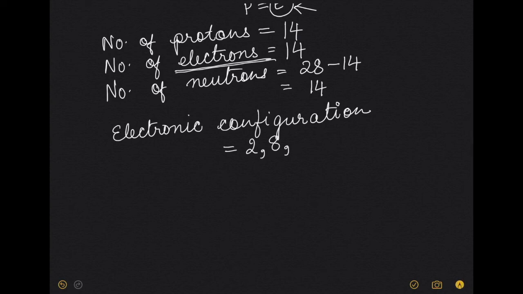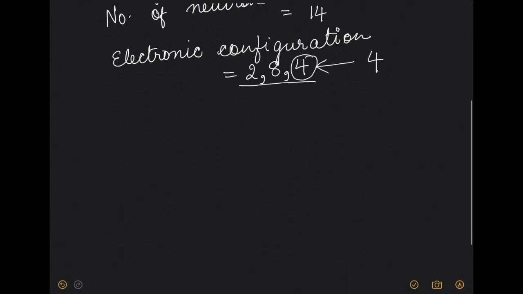So total 8 plus 2, 10. Out of 14, how many remain now? 4 remain. So this is your electronic configuration. Now the outermost orbit tells you the valency of that element. Since we are talking about silicon here, what is the valency of silicon? It is 4.